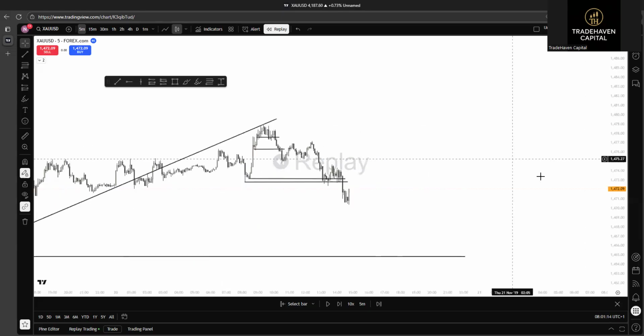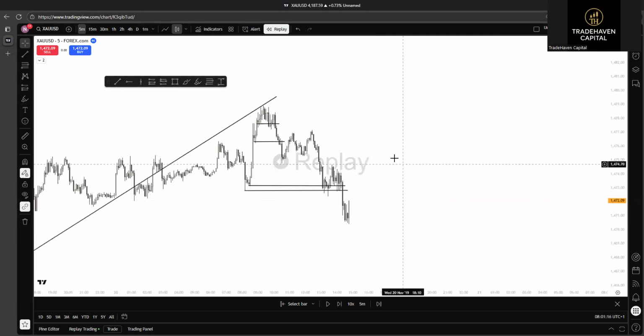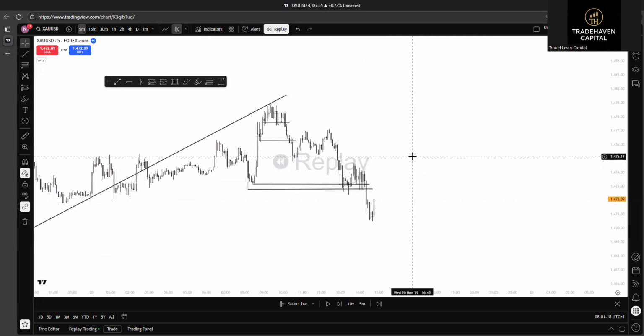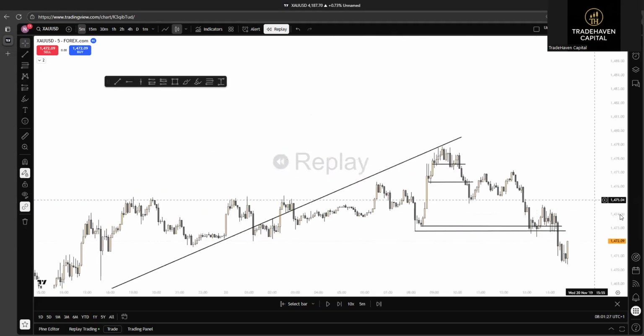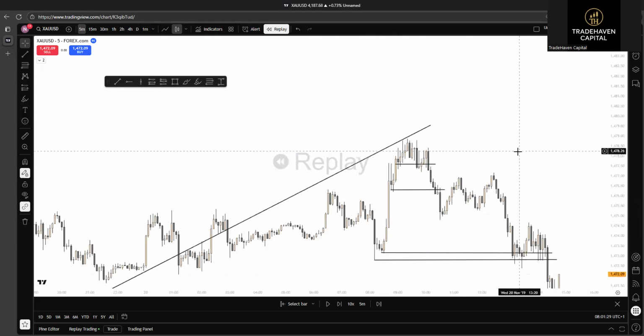Okay, now another test. Let me ask you guys, where is the CHoCH, the change of character? I know for CHoCH, many of us are going to point at the first break. We are going to say this is the CHoCH.